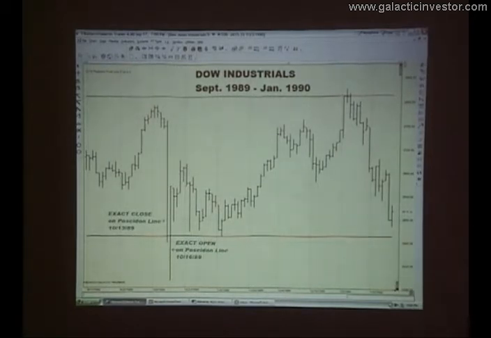Intraday, yeah. Okay, we got all this flack in there. So you've got to be careful how you look at your price bars when you start doing this kind of work, looking at long range charts. And then again, same thing happening here at the high in January of 90 with the Dow. The opening and closing right on the Poseidon line, even though intraday we get a little bit of penetration.